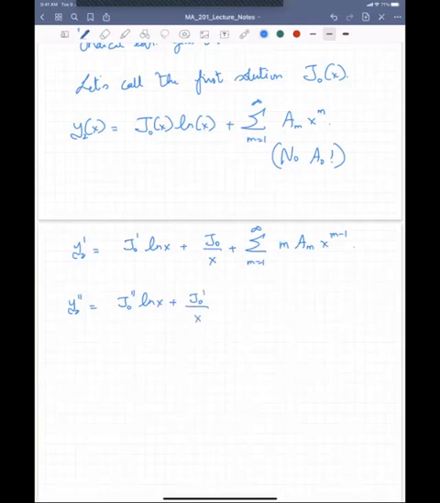Now I have to differentiate J0 over x. I first differentiate J0 and then differentiate x. So I get J0 prime over x, and then differentiating 1 over x gives me minus J0 over x squared, plus the sum from m equals 1 to infinity of m times (m minus 1) a_m x to the m minus 2.